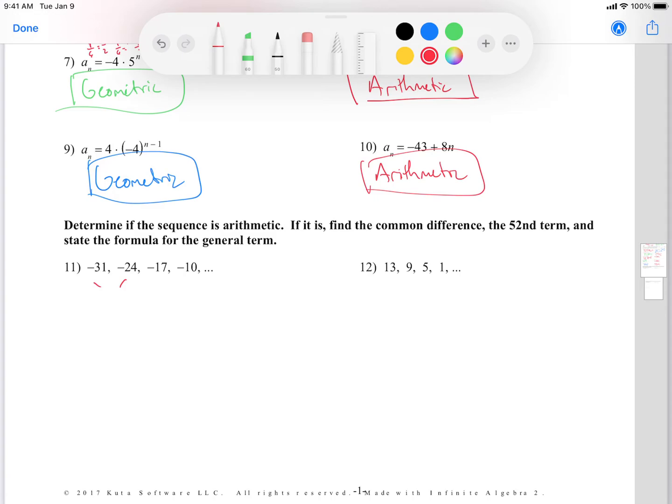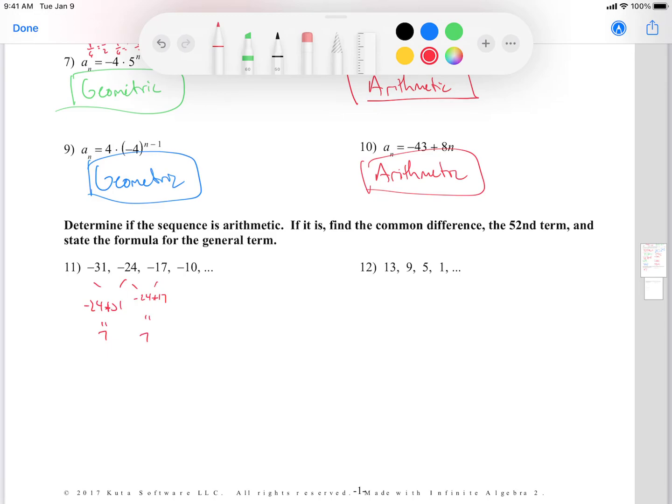So what's the difference between negative 24 minus negative 31? Seven. What is negative 24 minus negative 17? Negative 7? It's positive 7.